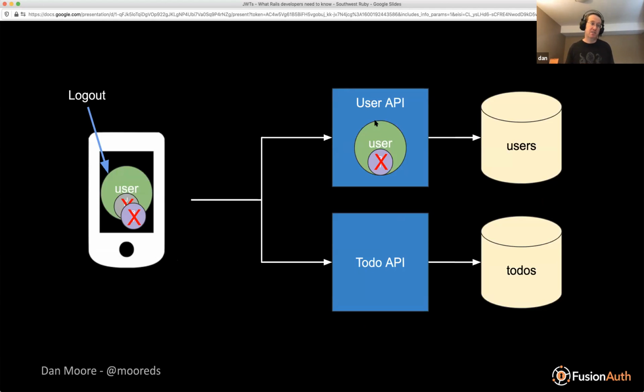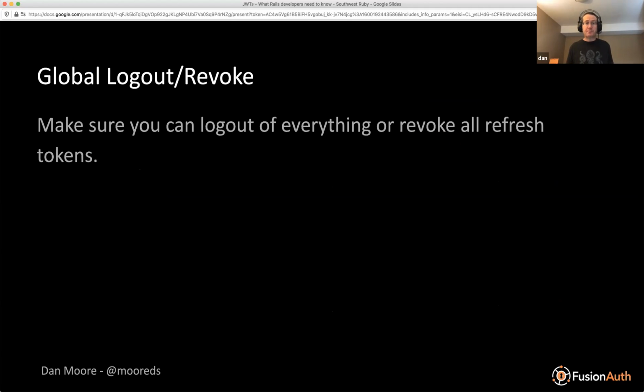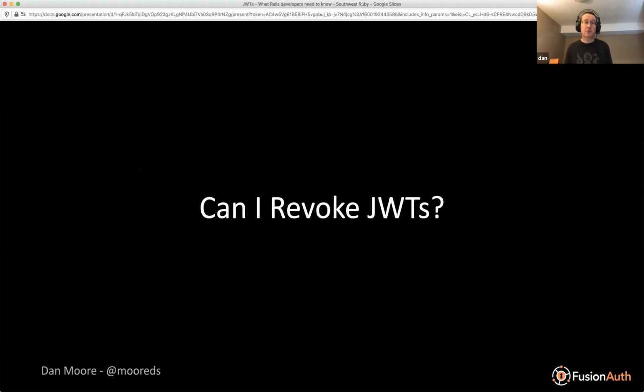But the question is, as Nisant pointed out, that JWT is still floating around and it's good for another 5 minutes, another hour, kind of depends on what the configuration was when the user API generated it. What do you do about that? Well, first you want to make sure that you revoke all your refresh tokens.